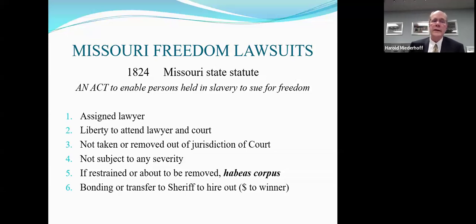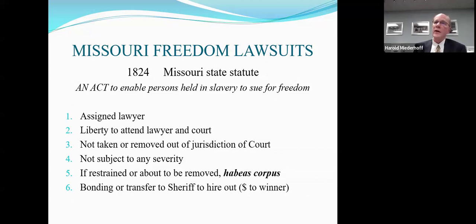Or if the judge felt that bonding was not sufficient enough, the judge could transfer the slave to the local sheriff, and basically the slave would be hired out for a fee as a servant to a private party who would pay a fee for having the slave.